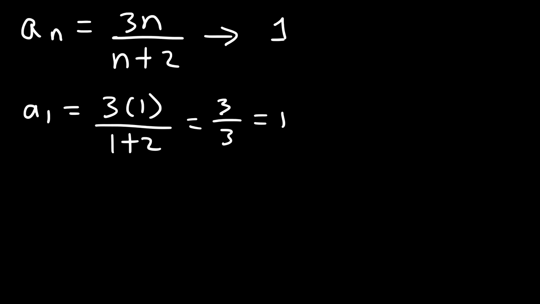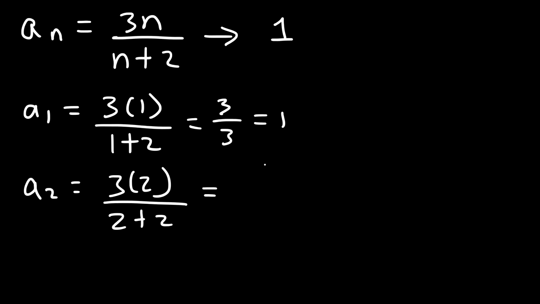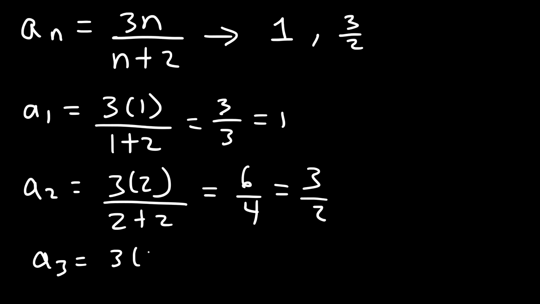First term is 1. Now the second term is going to be 3 times 2 over 2 plus 2. So that's 6 over 4, which we can reduce to 3 over 2. Now the third term is going to be 3 times 3 over 3 plus 2, so that's 9 over 5.